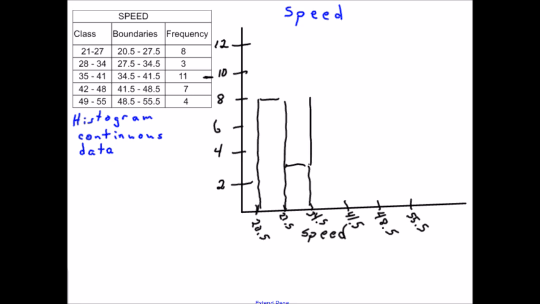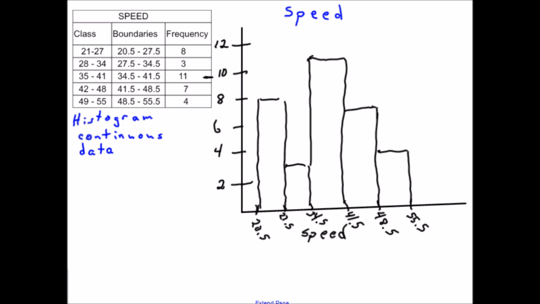This next class goes up to an 11. The next one to a 7. And then the very last one to a 4. So those are not going to be perfectly drawn by hand, but you should have them relatively close.